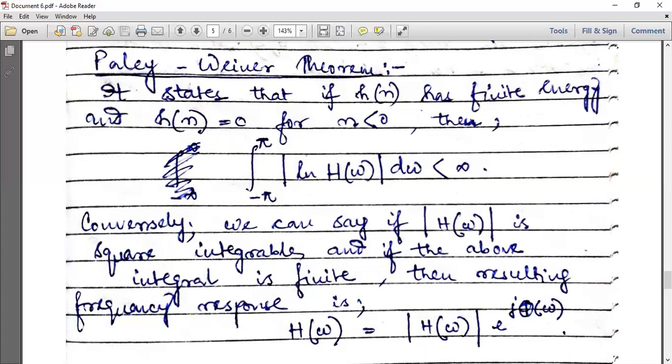It states that if h[n] has finite energy and h[n] equals 0 for n less than 0, then the integral from minus pi to pi of the magnitude of ln |H(omega)| d omega is less than infinity. Conversely, if H(omega) is square integrable and if the above integral is finite, then the resulting frequency response is H(omega) equals |H(omega)| times e to the power j theta of omega.